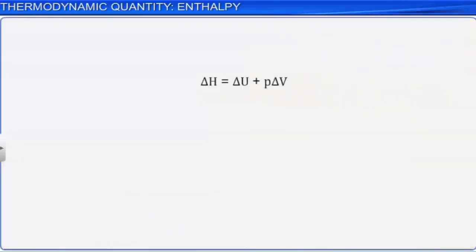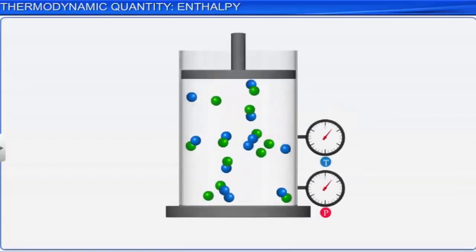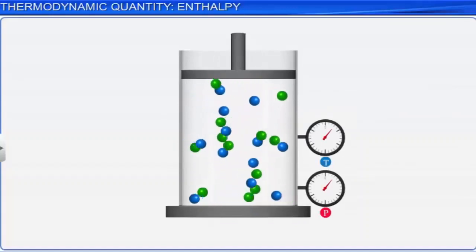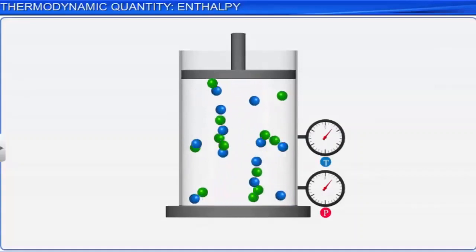Thus, if the change in volume, ΔV, is insignificant, it implies that the change in enthalpy, ΔH, equals the change in internal energy, ΔU. The difference becomes significant when gases are involved in the reaction.